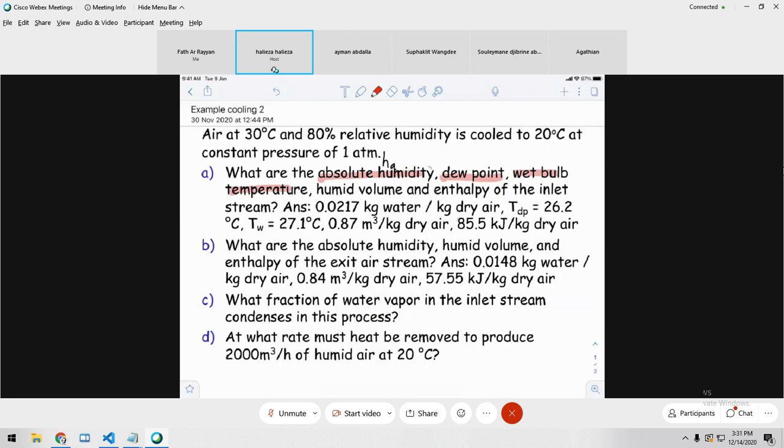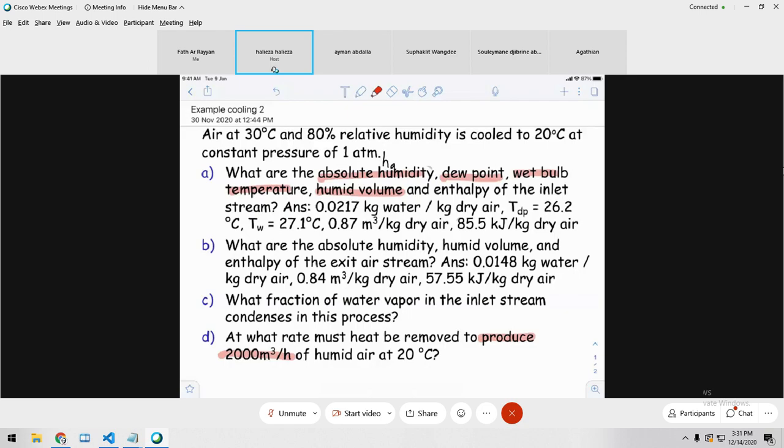You need the humid volume. Why do you need the humid volume? Because if your question gives the amount, for example, in this case, 2000 meter cubic per hour is the amount that is coming out. In this case it is slightly different. Your outlet air is 2000 meter cubic per hour. So from that amount of meter cubic air, you need to find the humid volume of the outlet, not the inlet, because that's the amount that is in the outlet stream.